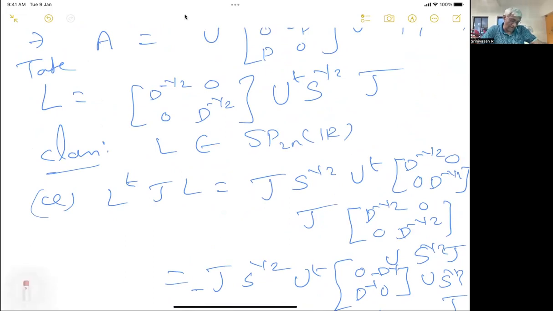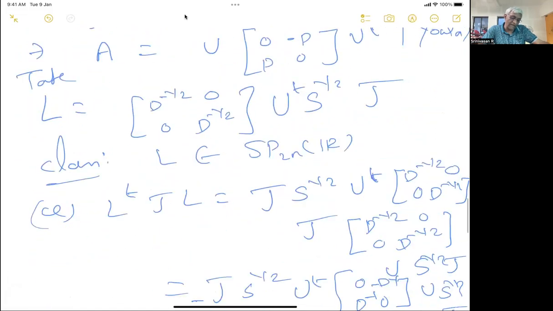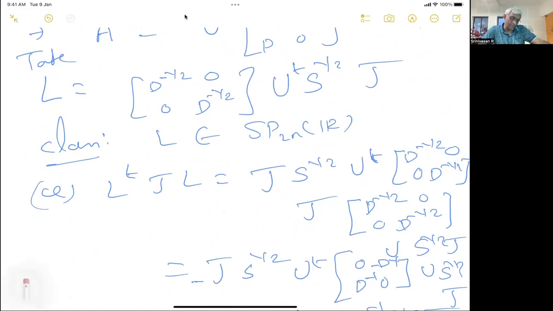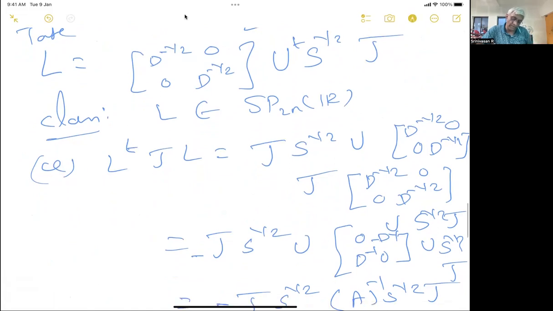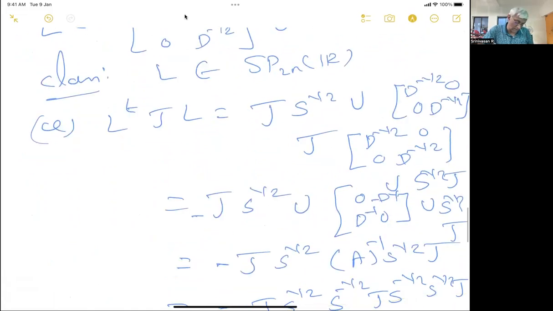Here also it will be u only, right? Here it will be u. Sorry, here it should be u, not u transpose. So the transpose will come here. The inverse of u A u transpose is u A inverse u transpose.